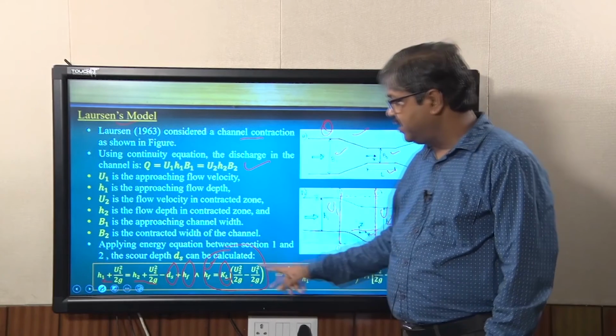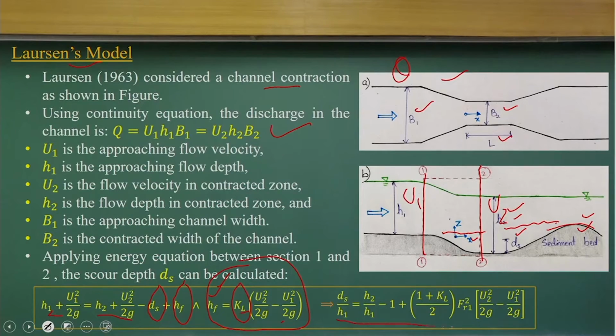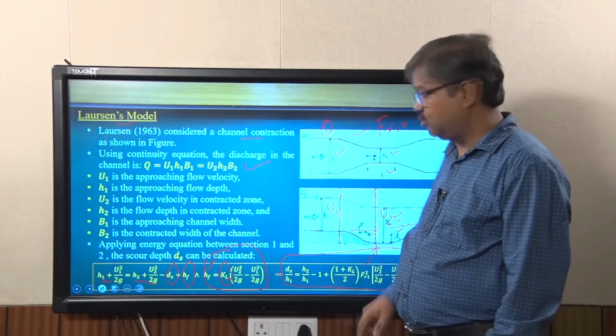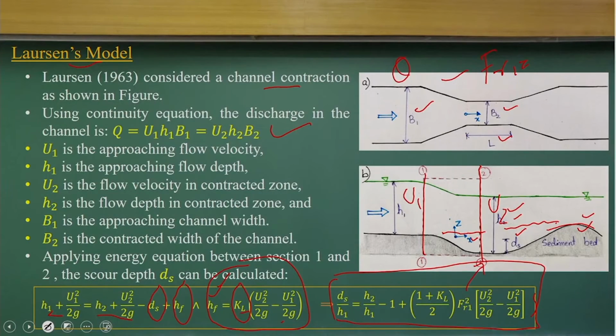If I rearrange these equations, I can write them in a very simple form, where FR1 stands for the flow Froude number at the upstream location, section A1. So I know this Froude number, and if I know the velocities upstream and at the scour hole, we can compute ds by h1, and if you know h2 by h1, then we can compute it.